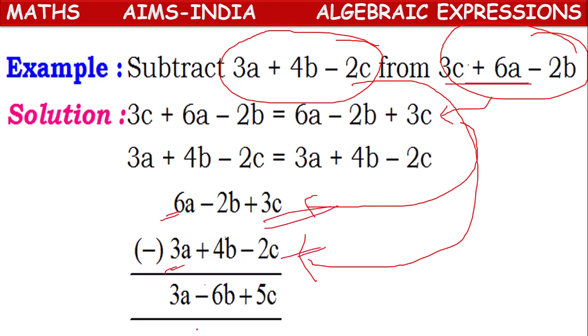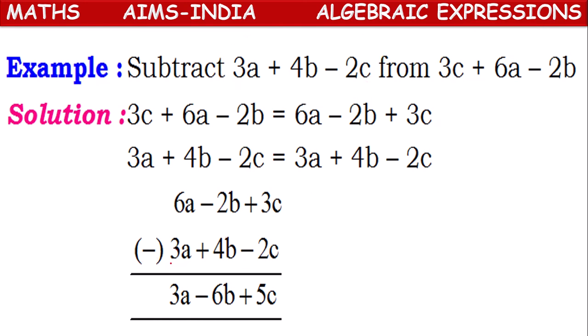Like that we have to keep. 6a minus 3a equal to 3a, minus 2b minus 4b, because we have to change the sign of all the terms. This will become minus 3a, this will become minus 4b, this will become plus 2c. Now we have to add all. 6a minus 3a, 3a; minus 2b minus 4b, minus 6b; 3c plus 2c, 5c. This is the answer.